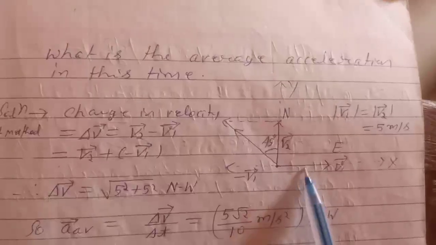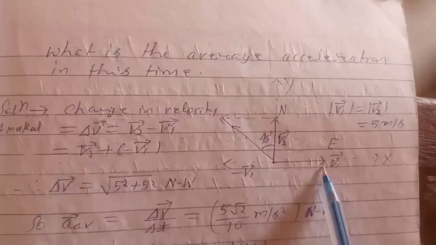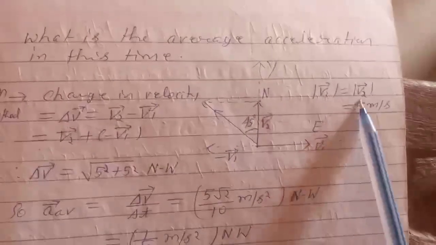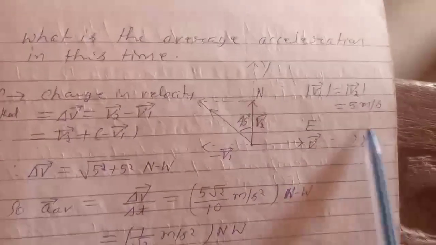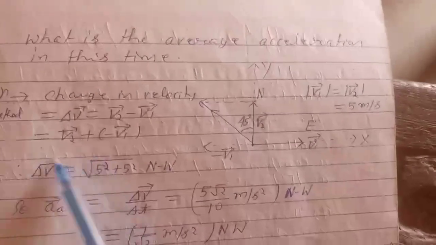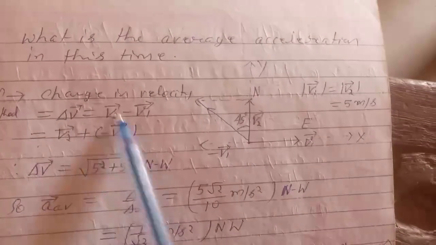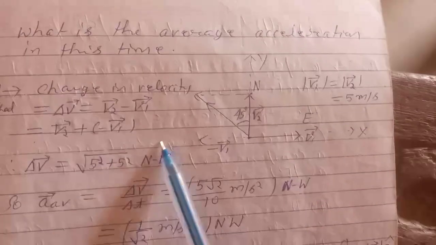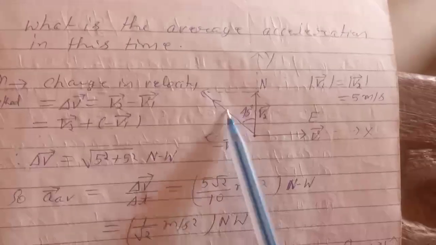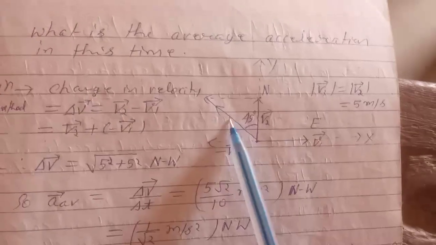Now we can write delta V equals V2 minus V1, and mode of V1 and mode of V2 is given as 5 meters per second. That is, the magnitude of both velocities is the same. Again we can write V2 vector plus minus V1 vector, and this will represent the delta V vector.